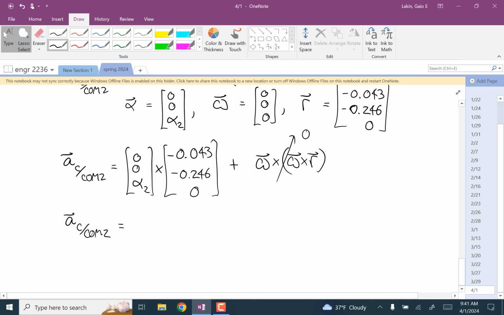And so this is 0.246 alpha 2, negative 0.043 alpha 2, then 0 for z.